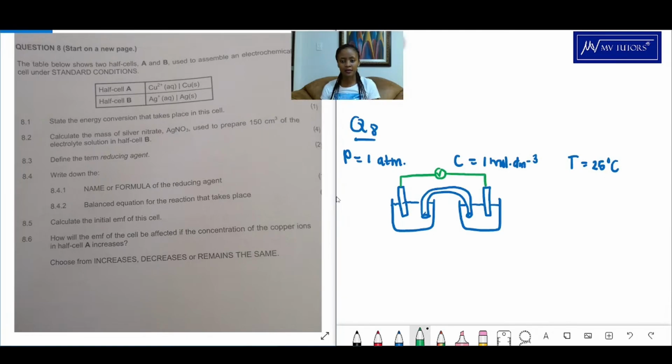It's a voltaic cell, and at one point you're going to have your cathode and your anode. I like putting the anode this side, but we haven't yet established where the anode is. Remember, the cathode is where reduction occurs, and the anode is where oxidation occurs.